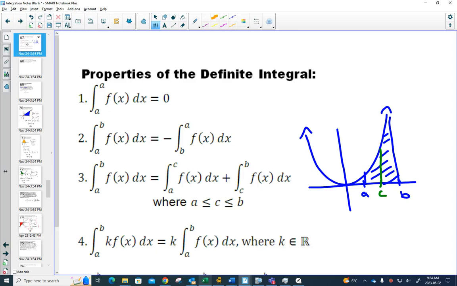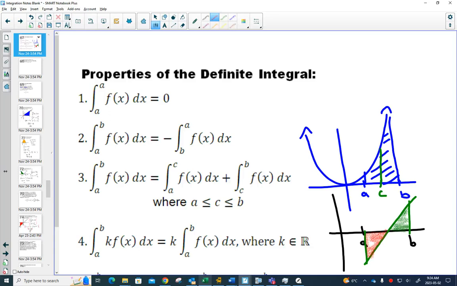Here's A, here's B, and somewhere your graph had a positive part and a negative part, and you're asked to find this whole area. If you do the integral from A to B, and if this was perfectly symmetrical, things would cancel out and your area would be 0, okay?